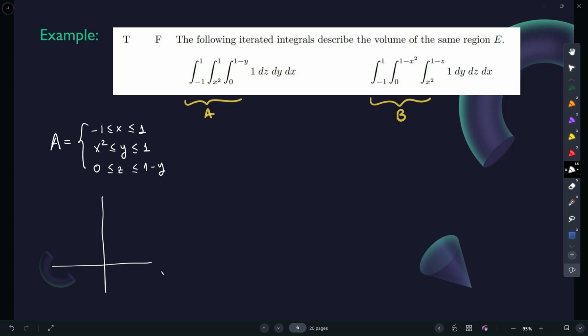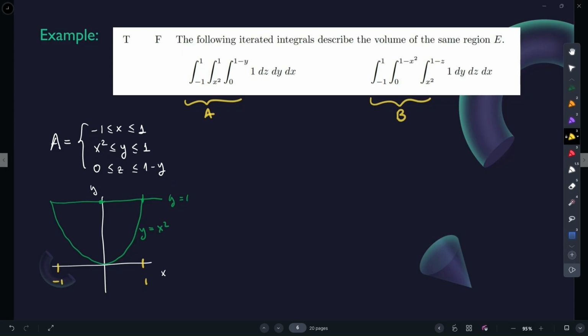So here is x, here is y, and x is going from -1 to 1, and y is going between two graphs. The graph of y equals x squared is a parabola that goes through (1, 1), and y equals 1 is this line here.